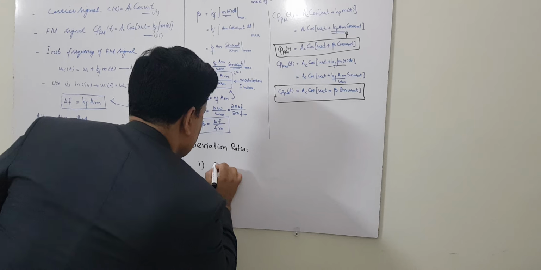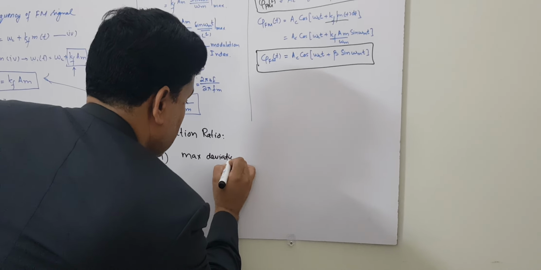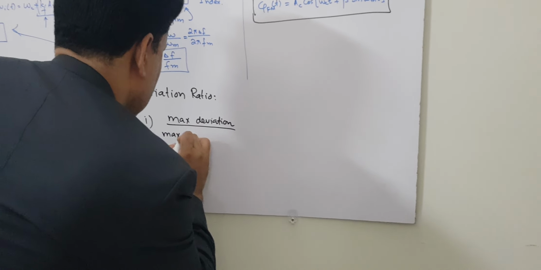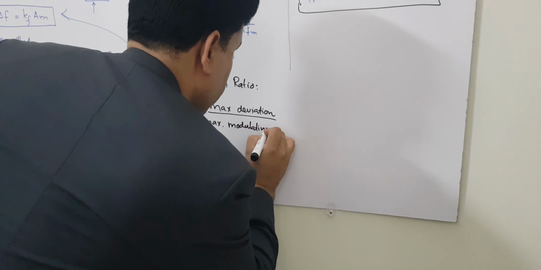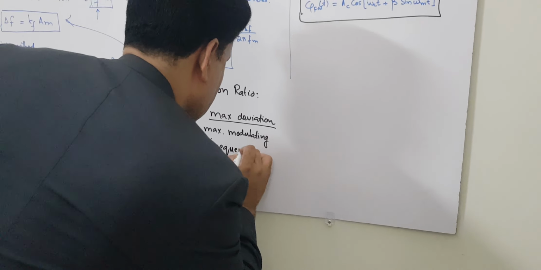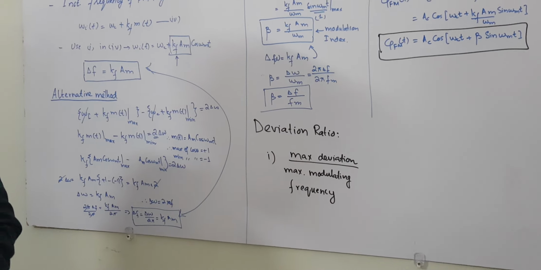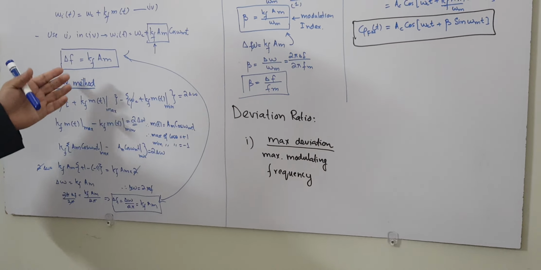Like it can be defined in two ways: maximum deviation divided by maximum modulating frequency. So that is the maximum deviation, like in FM.